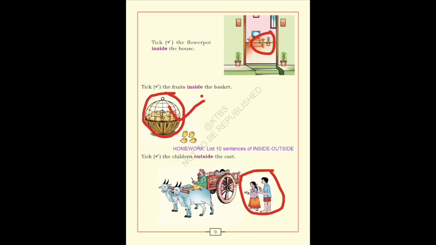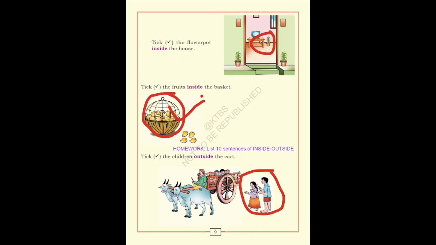And what we have again, the vegetables are outside the box. Fruits are inside the fridge. So these all come under inside and outside. Okay. So just list out, by that only you came to know how you can form the sentences also. Okay.